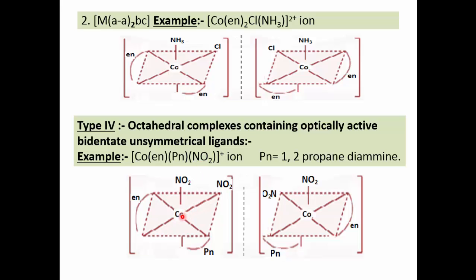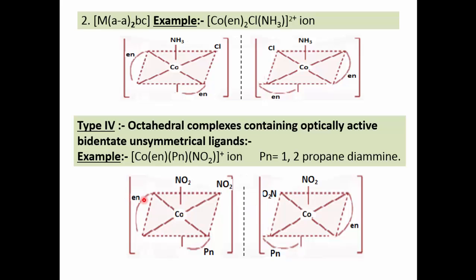See this structure, cobalt is attached to two NO2 ions. This is 1,2-propane diamine. This is ethylene diamine. So when the mirror is placed, there is a change in position of the NO2 group in this way. Now the NO2 which is present at the second position is transferred to the fifth position.